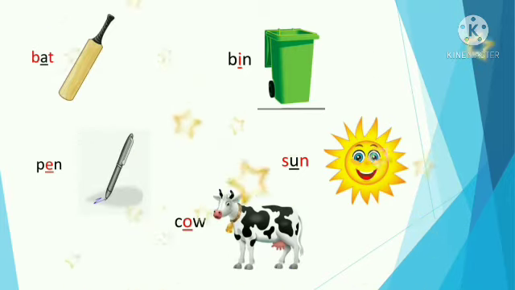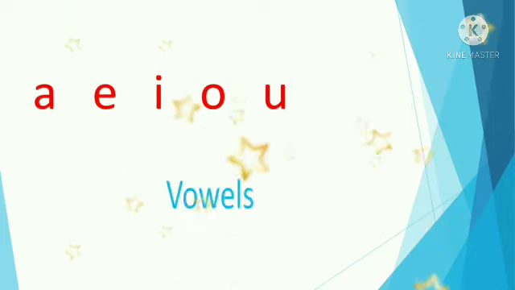If you observe it carefully, you will find out that the letters in the middle are A, E, I, O and U. These letters, that is A, E, I, O, U, are called vowels.